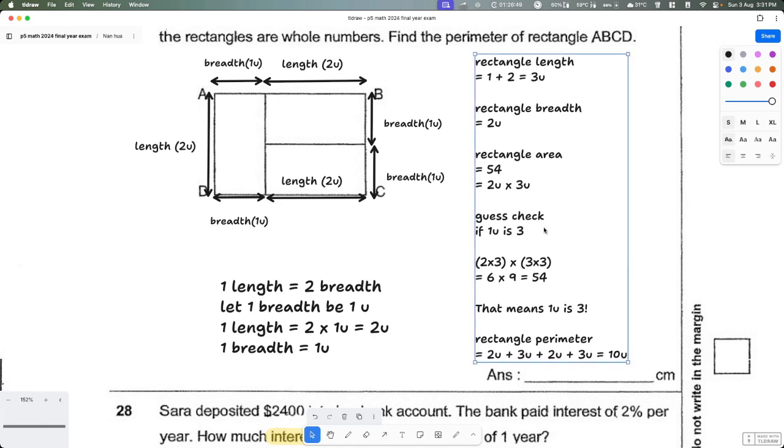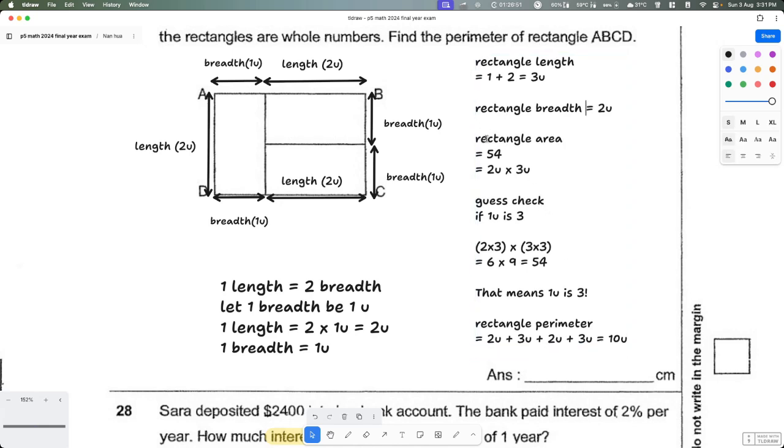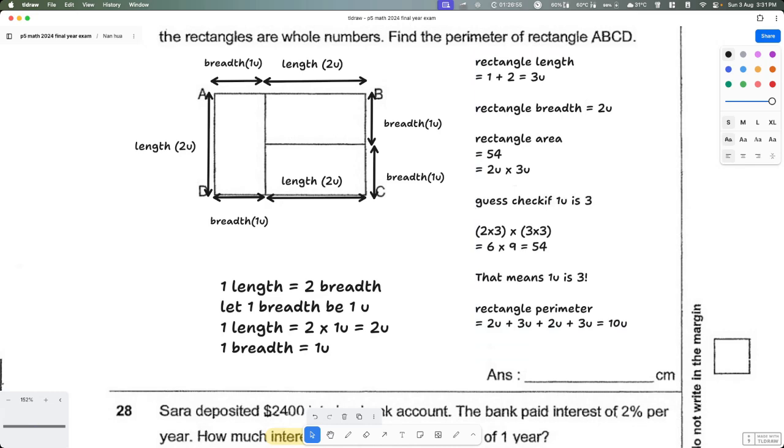If 1 unit is 3, then 10 units is equal to 10 times 3, which is 30 centimeters. There you go. So the answer to this is 30 centimeters.